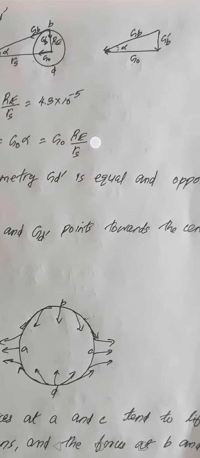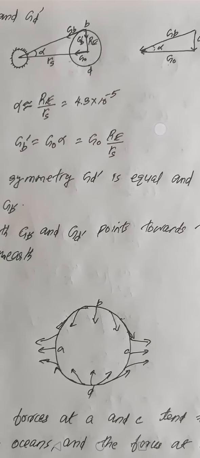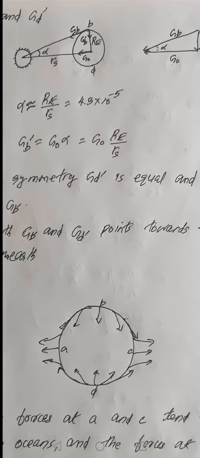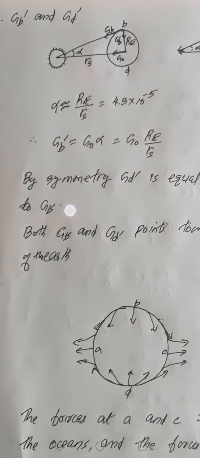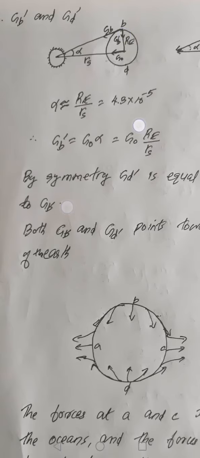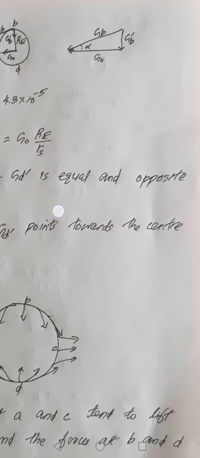So if I draw this G0, and this is GB, this is GA prime, if I plot it like this, G0, GB, GB prime. Here also alpha is very small. The angle is very small.